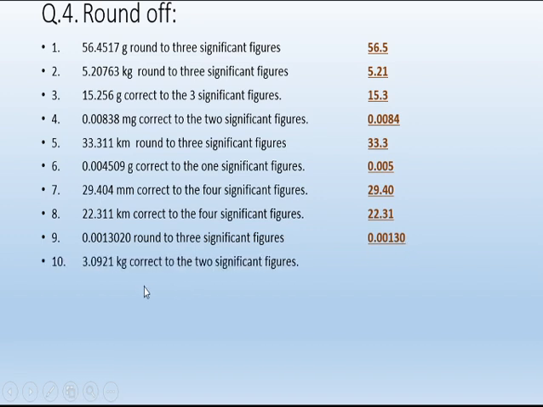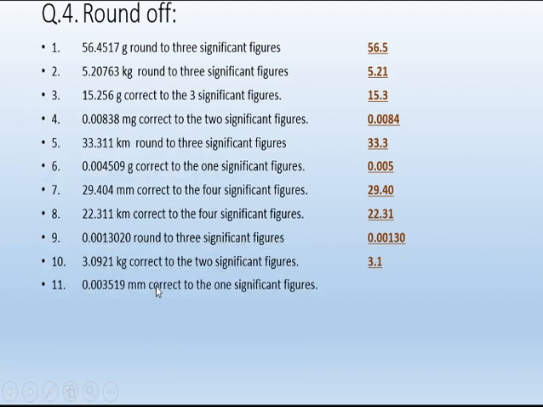Now in this example, we have to convert this into 2 significant figures. So we consider 3.0 and the next 9 to 1 will be removed, but the 9 is 5 or more, so we add plus 1 to the next number, which is 0. So 0 plus 1 is 1. So 3.1 will be correct to 2 significant figures.